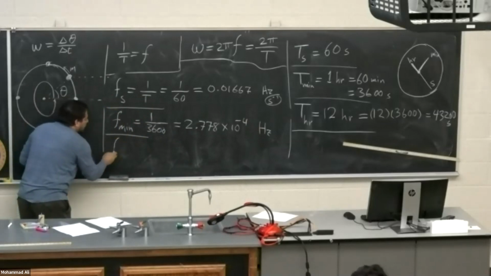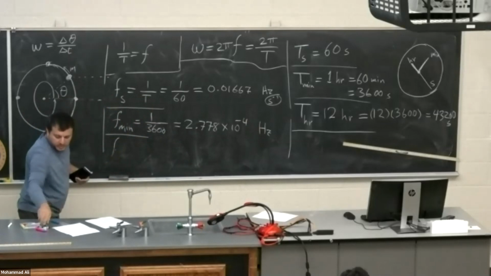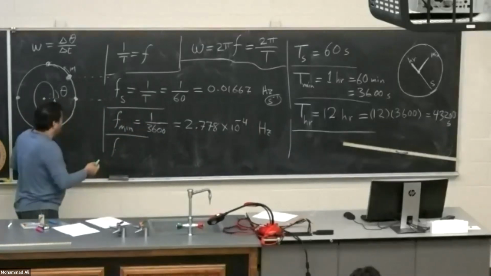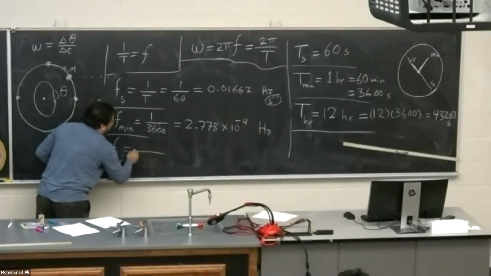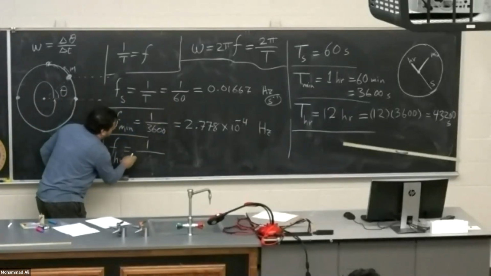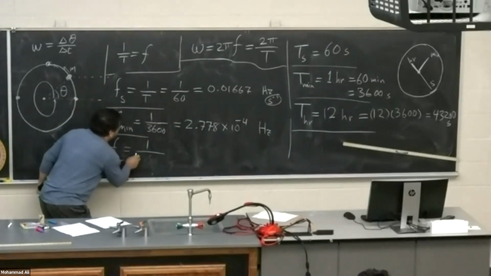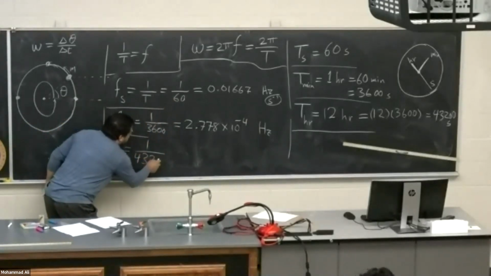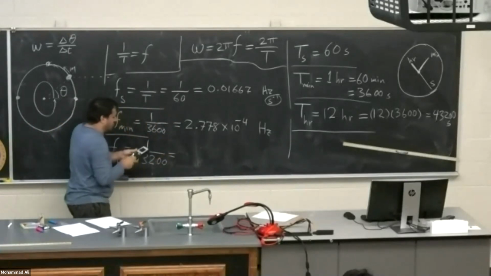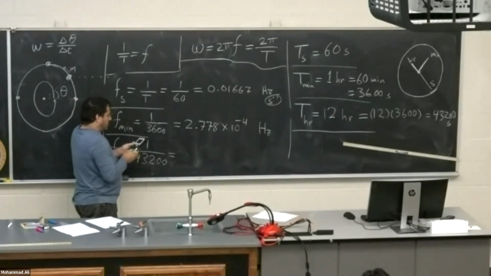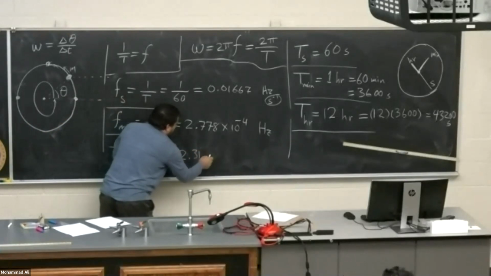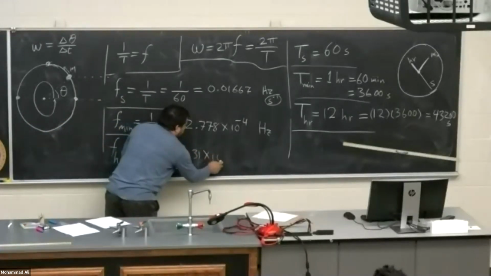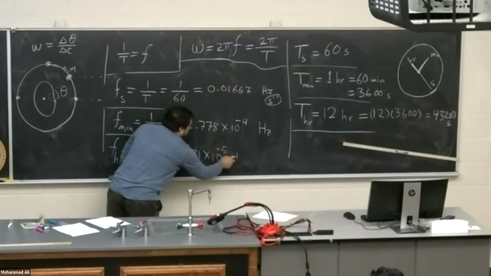What about the frequency for the hours? It is equal to 1 over that big number, 43,200, which is something small, 2.314 something multiplied by 10 to minus 5 hertz.